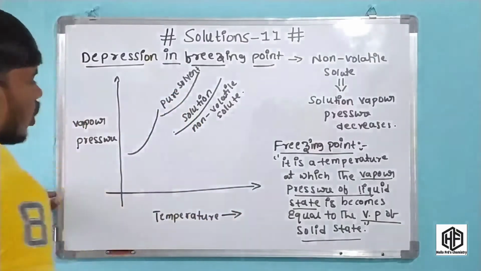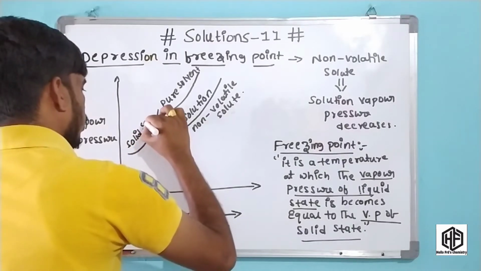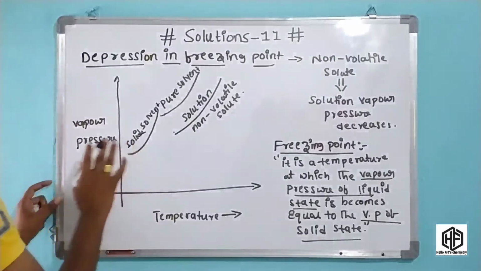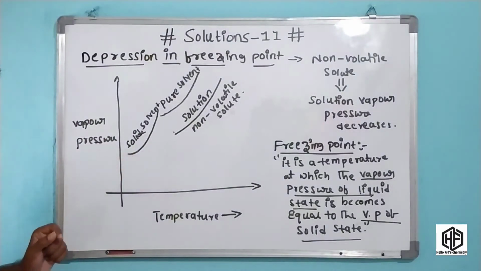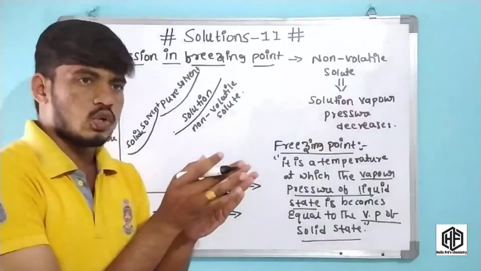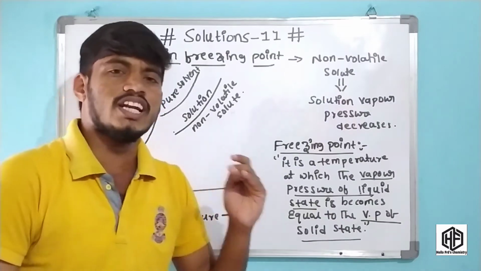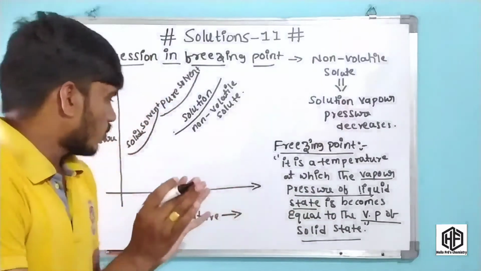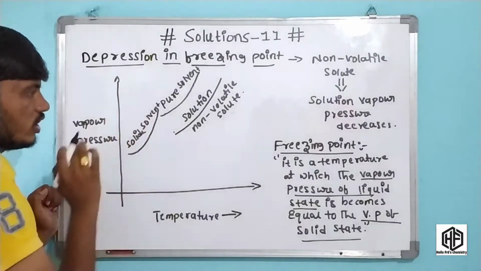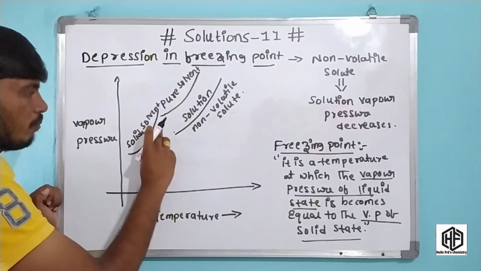In the solid solvent, the molecules are close to each other, so the vapor pressure is less, meaning there is no tendency to evaporate. The solid state vapor pressure is very low compared to the other two. This is the solid solvent vapor pressure.